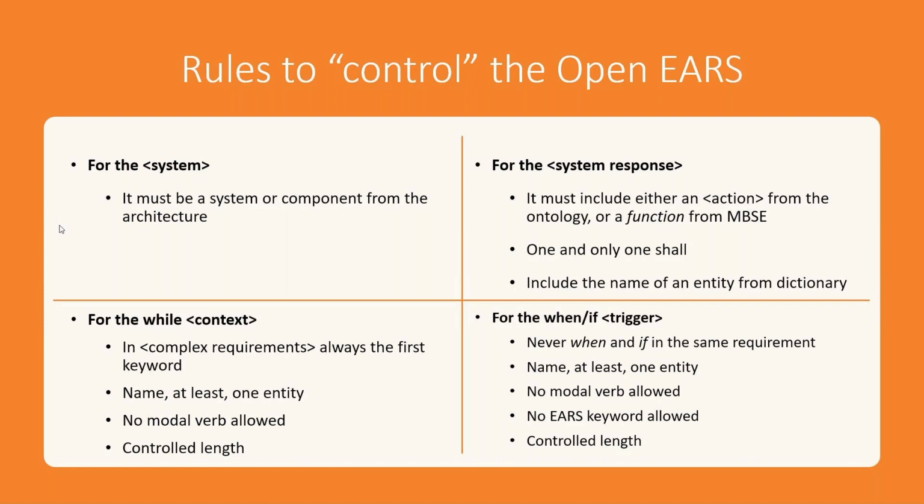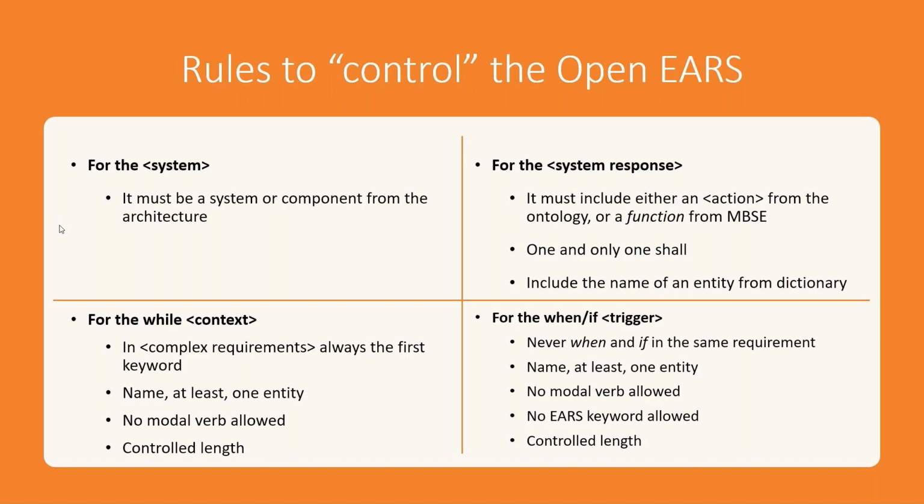We have implemented something like 22 metrics, including, as I said, that the name of the system should be coming from the name of the architectural elements, or just to force that the while condition in complex requirements is always the first keyword. You cannot put the when in front of the while.